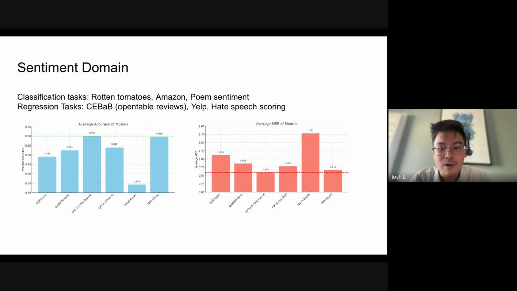And looking at the right for the scores on regression tasks, we can see that the mean squared error of the model is also roughly on the level of fine-tuning GPT 3.5, and it's much lower than fine-tuning BERT, fine-tuning DeBERTa, as well as doing two-shot on GPT-4. So overall, the performance of the model on sentiment domains is quite good.